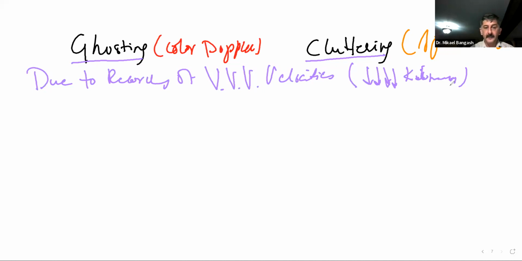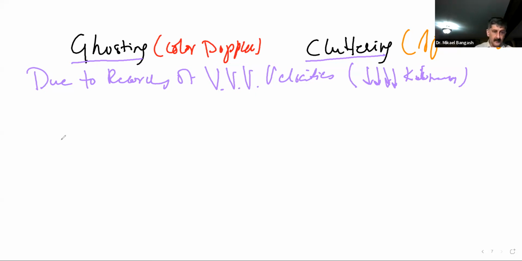Now our question is, how does ghosting appear on a color Doppler? And likewise, how does cluttering appear in a spectral Doppler?